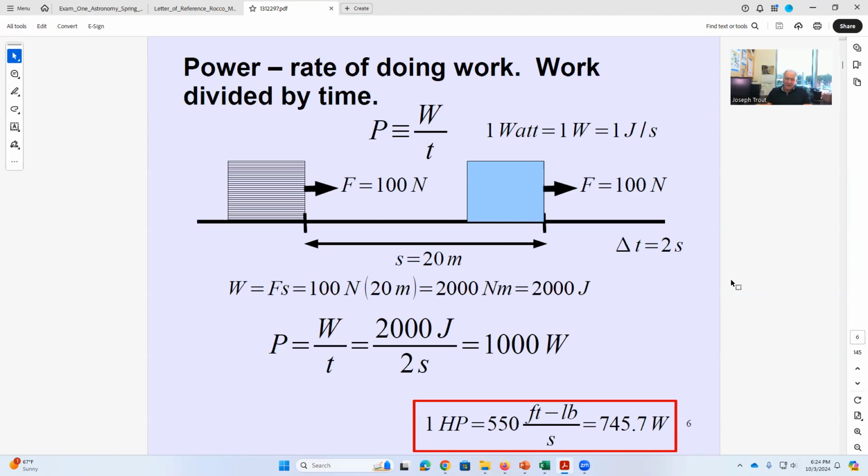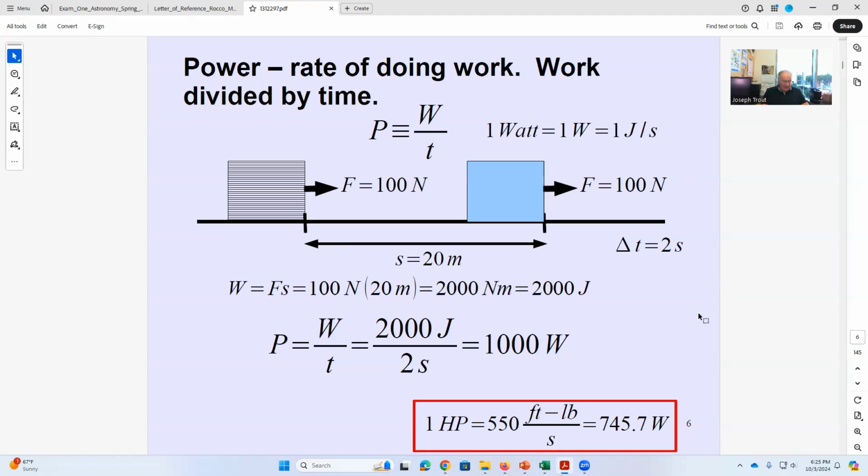And the power is the work divided by time, which is 2,000 joules divided by 2 seconds, or 1,000 joules per second. And 1 joule per second we define to be a watt. So 1 watt equals 1 joule per second.